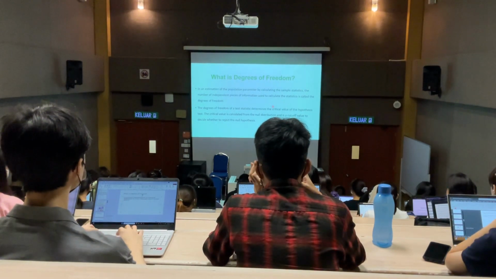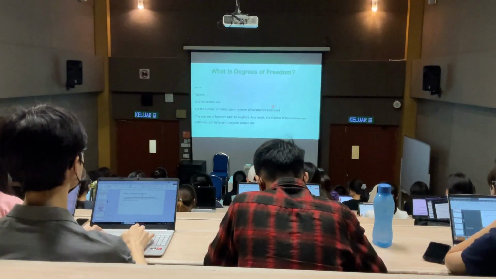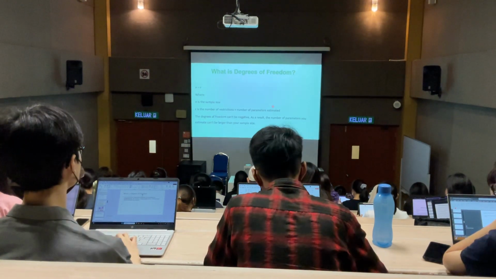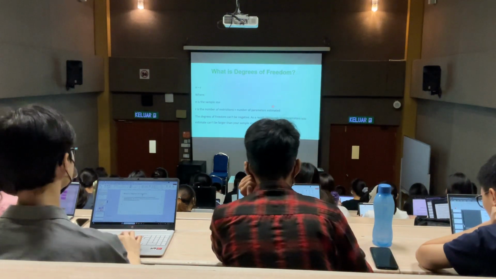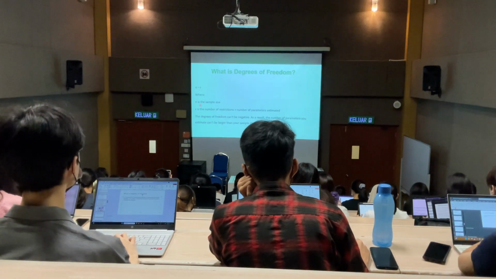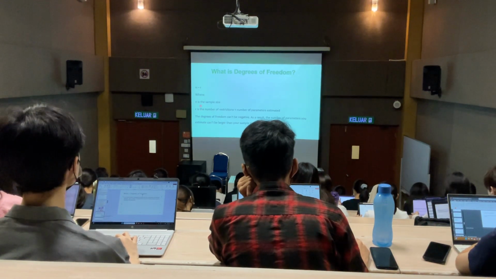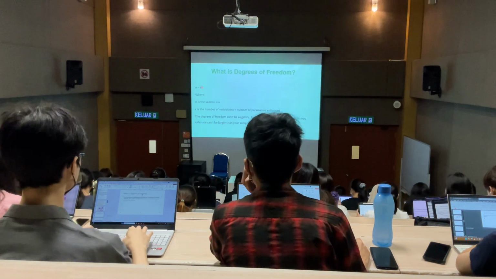It's complicated, right? So next we will see step by step what the degrees of freedom are. There's a standard formula for you to calculate the degrees of freedom, but it's also very simple. You just need to use the sample size, let's say the previous example is 100, minus R. So what's R?